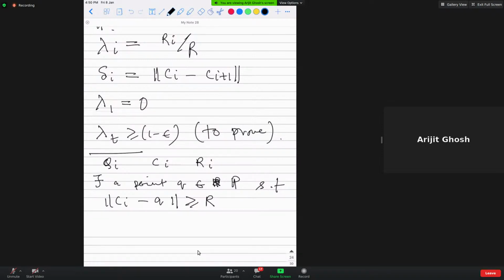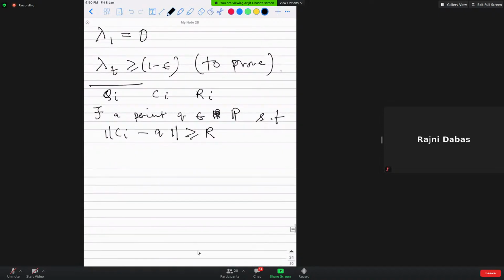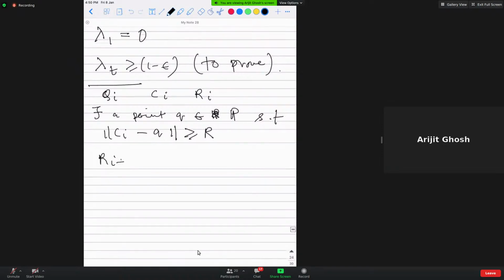So there exists a point. Then can I write this? It's directly the triangle inequality, right?